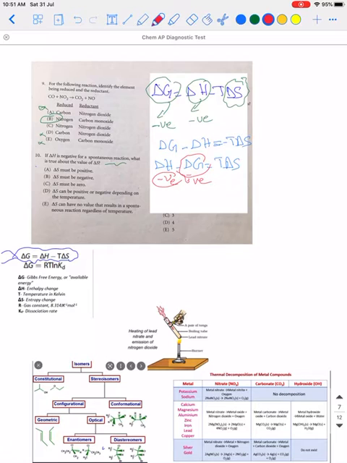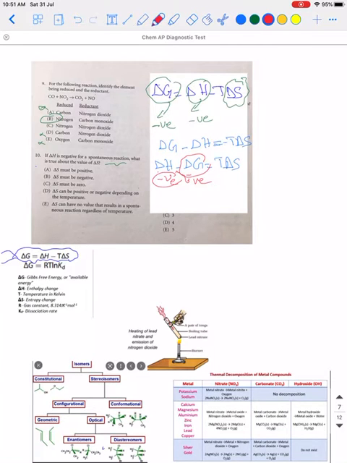If this is negative, multiplied by the negative here it becomes positive, and here negative. So it depends on the values of delta H and delta G. So delta S may be either positive or negative, because we have positive and negative.